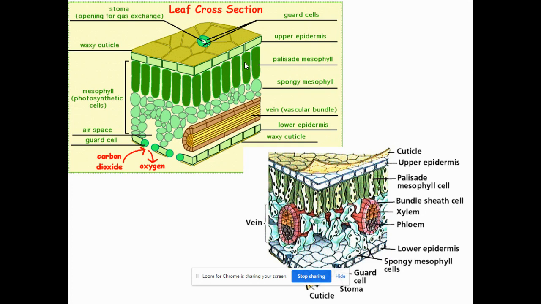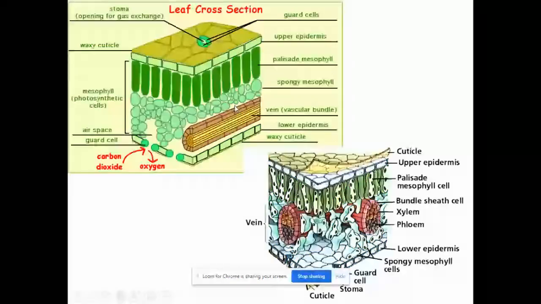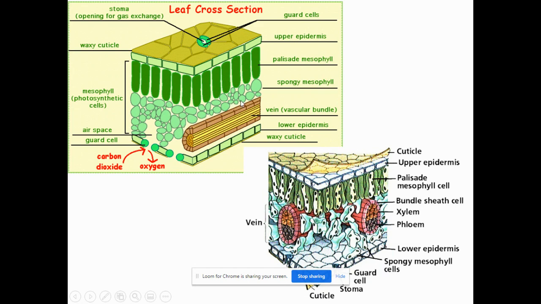But within these tissues, especially within the palisade mesophyll, you'll have a lot of chloroplasts, and that's where most of the photosynthesis is happening. And then in the spongy mesophyll, you have these open spaces that you see. That's where carbon dioxide gas is stored until it's needed for photosynthesis.